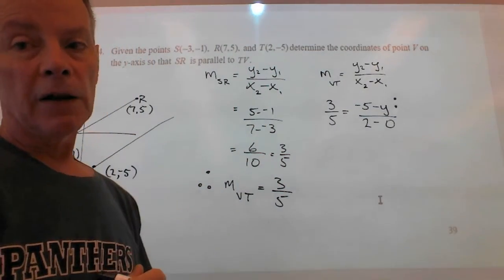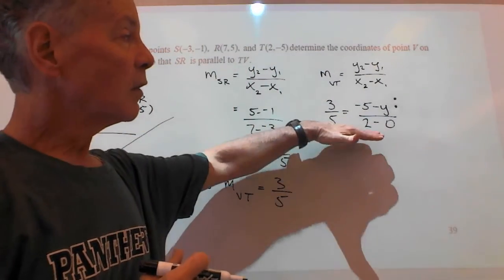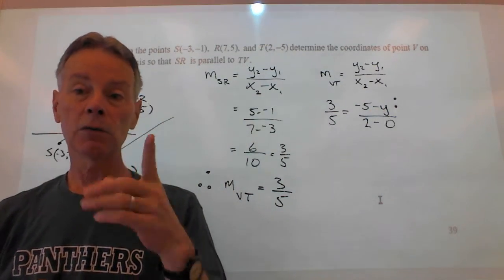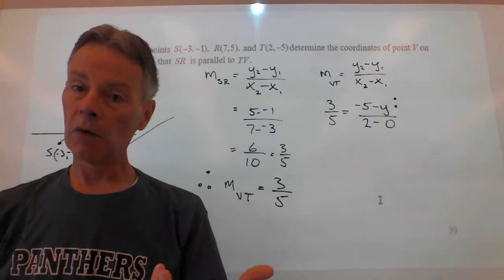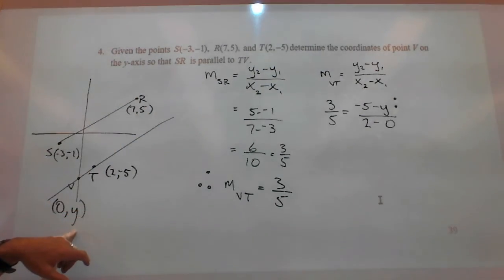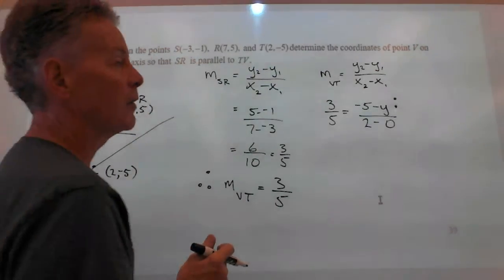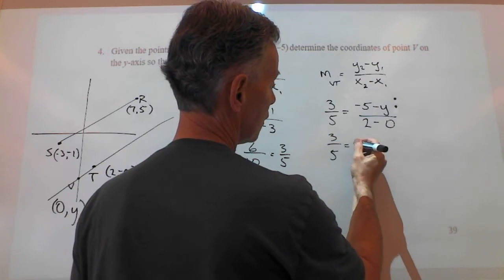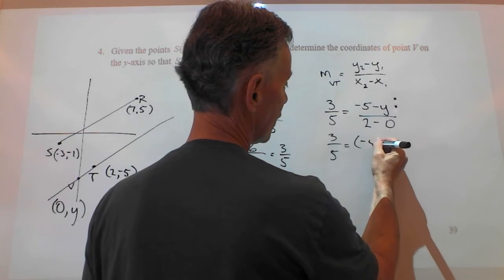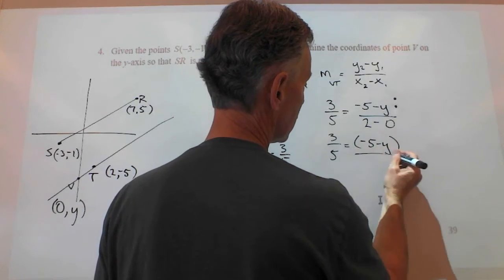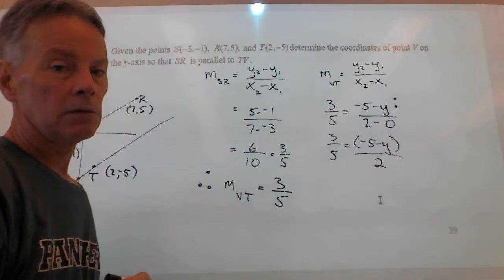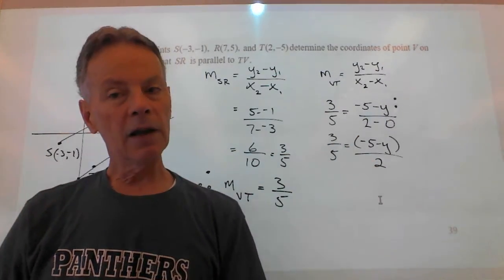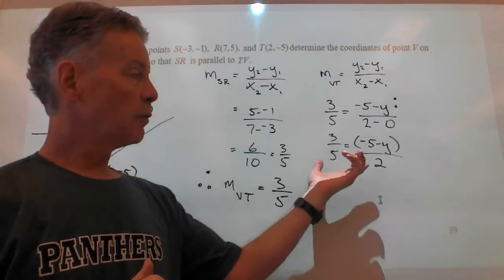Now let's simplify this, okay? Because it looks weird now, but the important thing is we only have one variable. We can isolate it, and that will give us a value for our y coordinate over here. So 3 over 5 equals, I'm just going to put this in brackets, negative 5 minus y all over 2, right? 2 minus 0 is 2. Now if you look at this, it's a proportion, right?